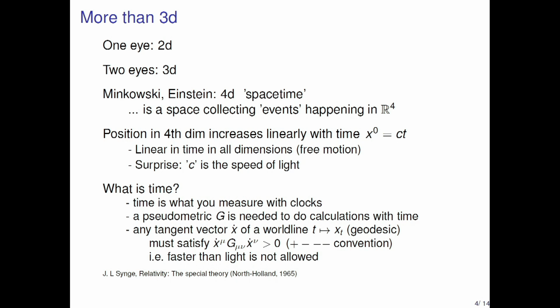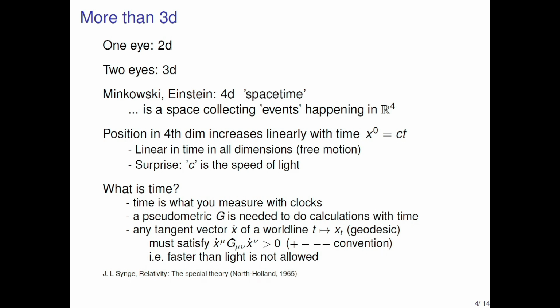Now, I can skip this. My reference here is the book of Singh. It's a standard book about the special theory of relativity. The restriction added to the theory, that's what I've written here, is that the tangent vectors should satisfy this positivity condition.